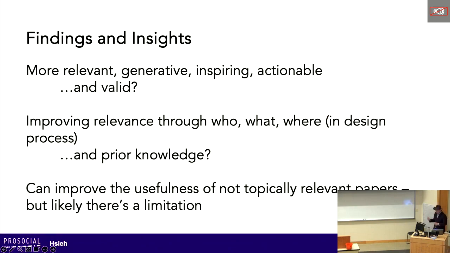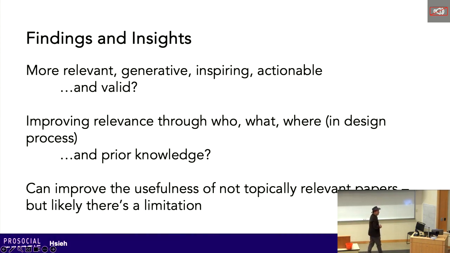Our work also showed that this process can improve non-topically relevant papers. As part of our study, we showed participants a topically relevant paper. For example, if you're designing for sustainability, we brought in a paper on sustainability design. But we also brought in another theory paper, on social behavior change theory.